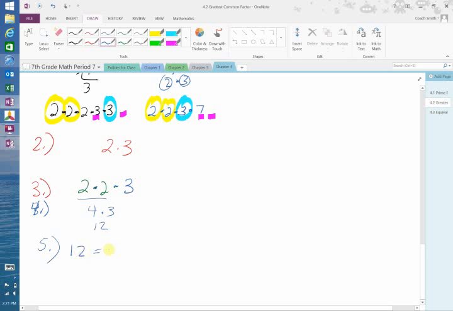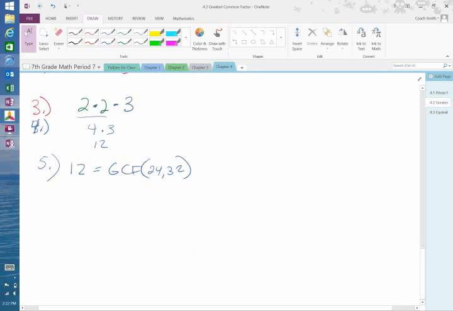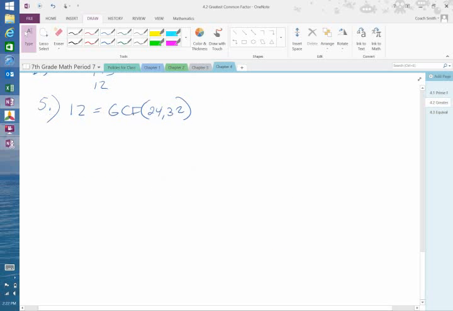So 12 is equal to the GCF of 72 and 84. Steps 4 and 3 are where we're finding how many times we've got to use it, how many times it's in common.